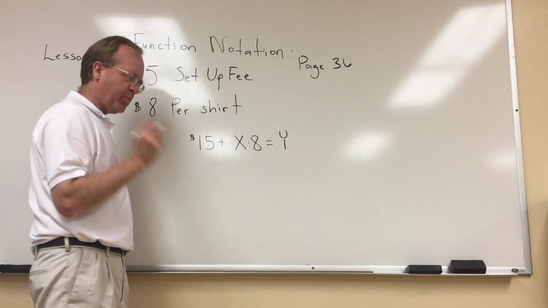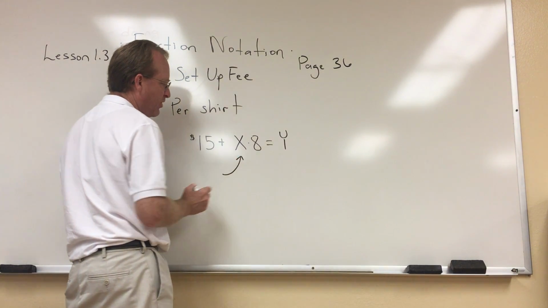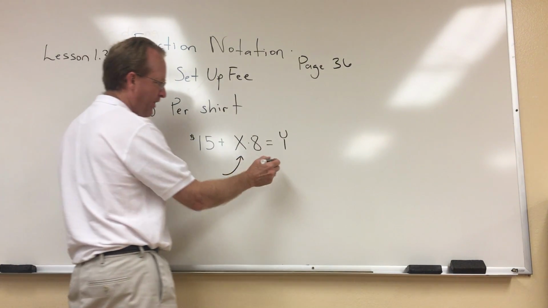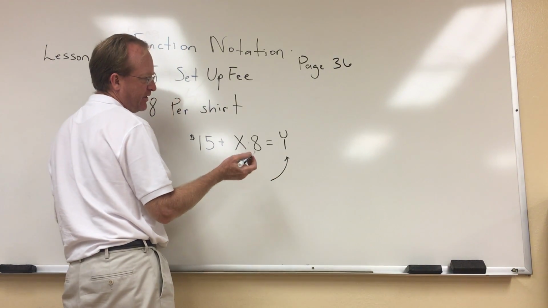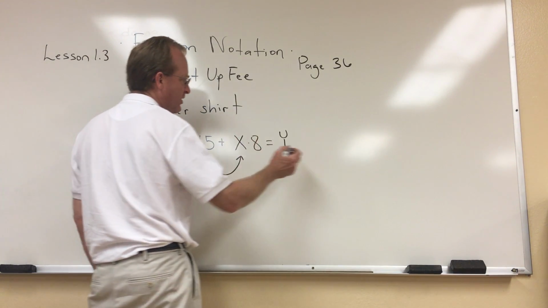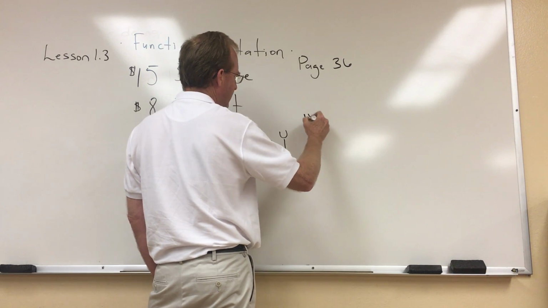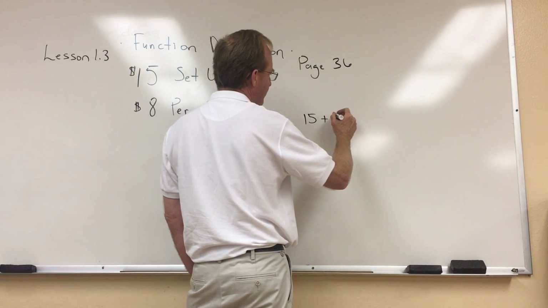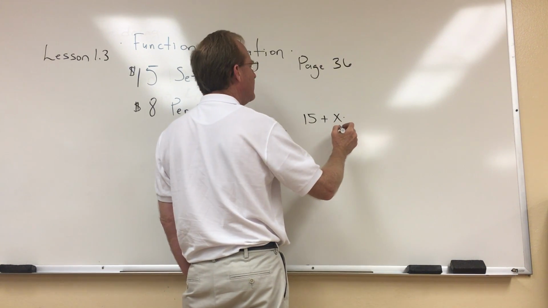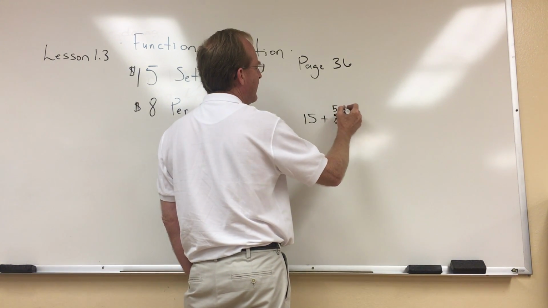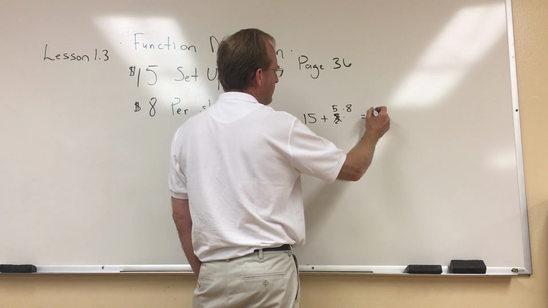Now, you could put into that equation any number of shirts and the answer that would come out would be y. For example, let's make it 5 shirts. So it'd be 15 plus x, which is, we said 5, so let's make that a 5. 5 times 8 equals y.